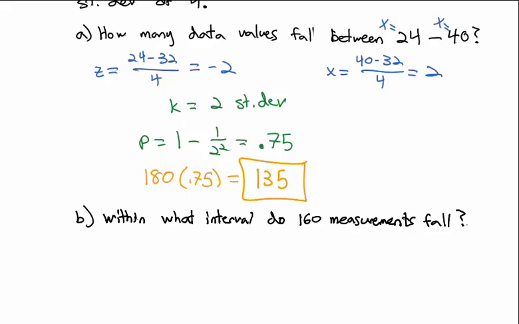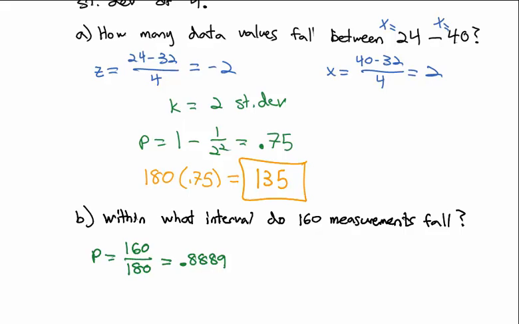Well, Chebyshev's theorem talks about proportions and standard deviations. So we need to know what is the proportion, 160 out of 180. 160 out of 180 is 0.8889.